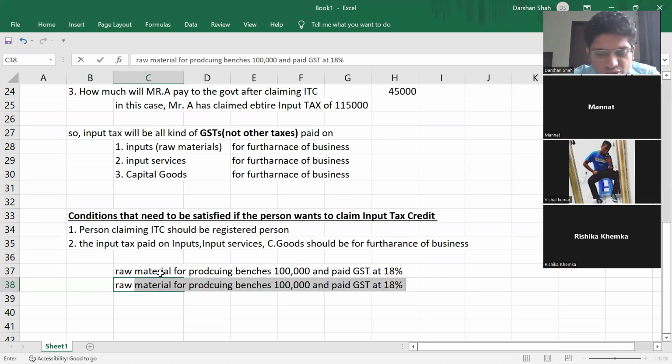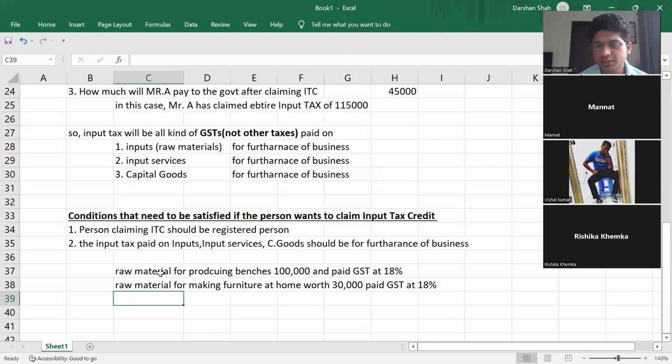And he has also purchased raw material for making furniture at his own place at home, worth, let us say, 30,000, and paid GST at 18%. Which GST will he be allowed to claim? Only for the first one, only for producing benches, right?